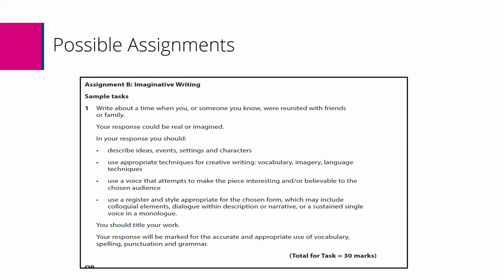Use a register and style appropriate for the chosen form, which may include colloquial elements, dialogue within description or narrative, obviously not too much dialogue, or a sustained single voice in a monologue. You should title your work. Your response will be marked for the accurate and appropriate use of vocabulary, spelling, punctuation, and grammar, which of course is the AO5 signpost.